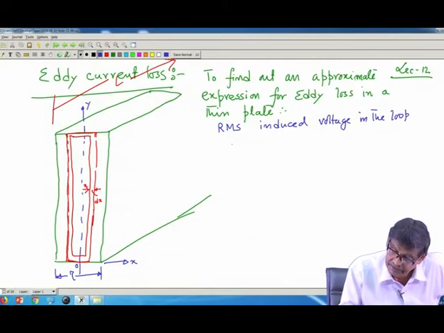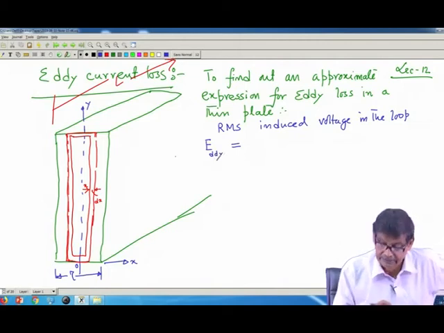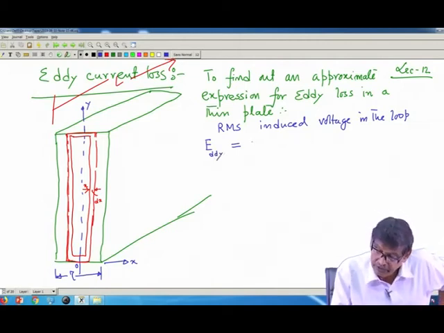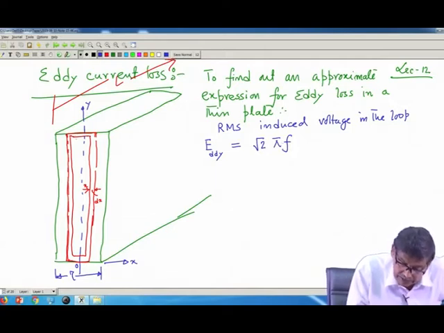That is E eddy, equal to root 2 pi f into phi max. Phi max is what? The flux enclosed by this area, mind you.